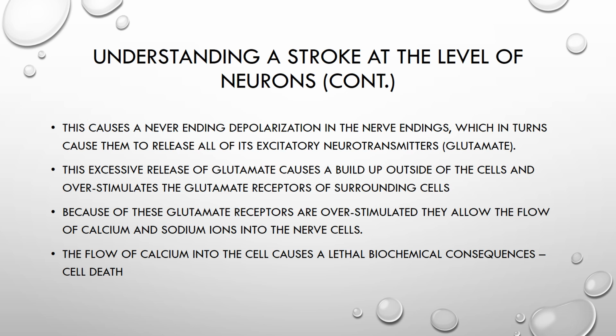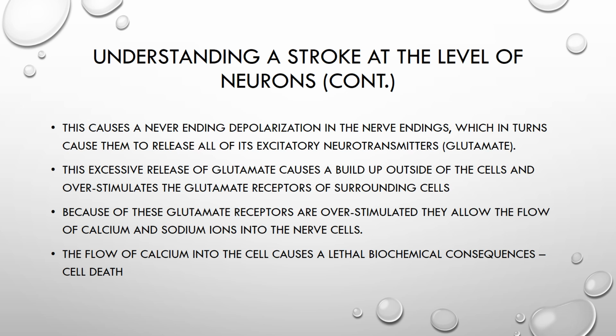This excessive release of glutamate causes a buildup outside of the cells and overstimulates the glutamate receptors of surrounding cells. Because of these glutamate receptors being overstimulated, they allow the free flow of calcium and sodium ions into the nerve cells.